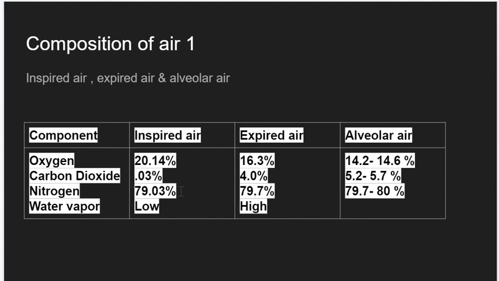Yes, it may be used for other metabolic activities like the formation of protein, amino acids, etc. Now, water vapor, low amount of water vapor is present in inspired air. The high amount is present in expired air. So, if I ask you, okay, can you prove that the air we exhale contain more water vapor?